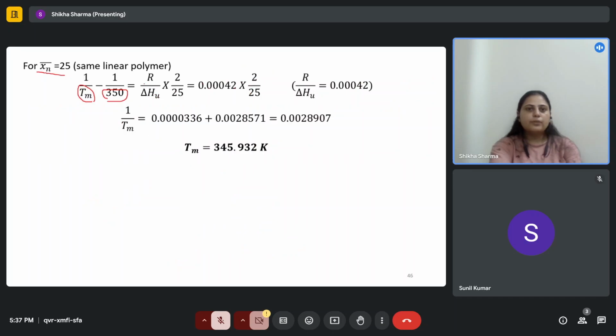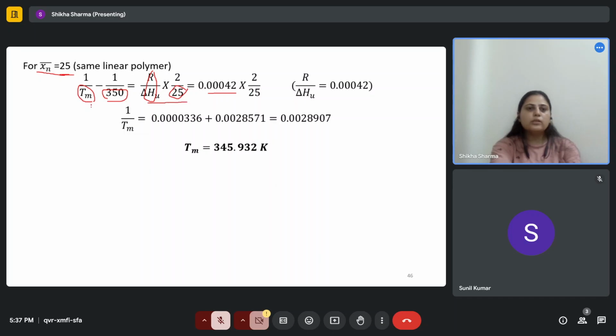So 1 upon 350 equals R by delta H into 2 by 25, where 25 is the number average degree of polymerization when xn bar equals 25. So from the previous slide we have this R by delta H value as 0.00042 into 25. So this part we can solve.